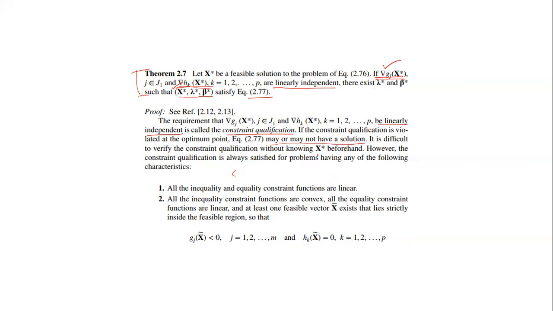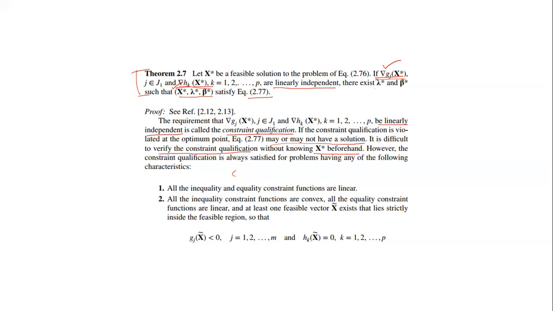Also, one of the difficulties of verifying the constraint qualification is that you should already have the values of x star. If you already know x star, then you can just check using this constraint qualification whether they are giving you a proper optimum point or not.